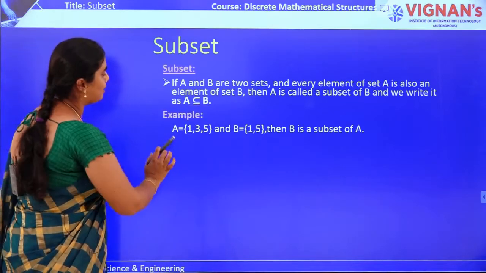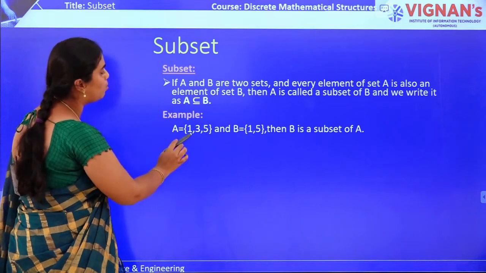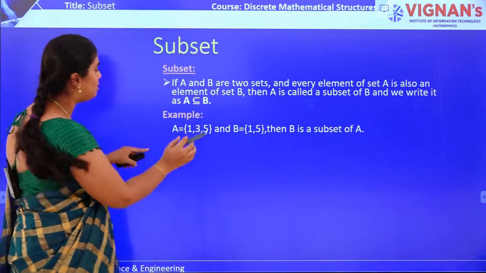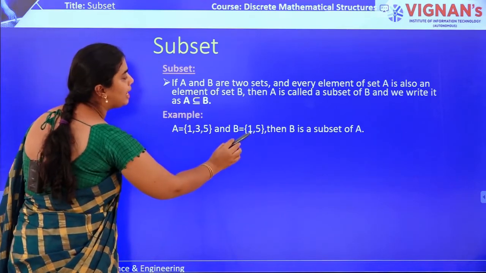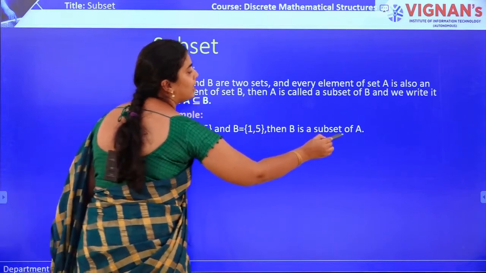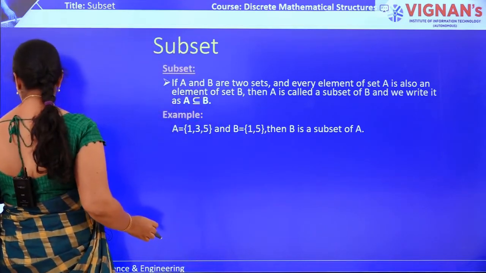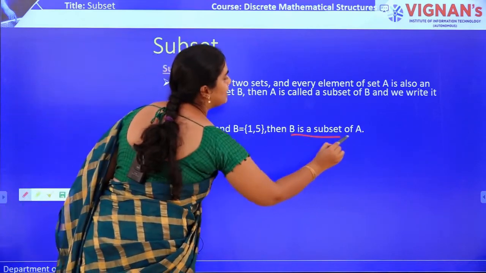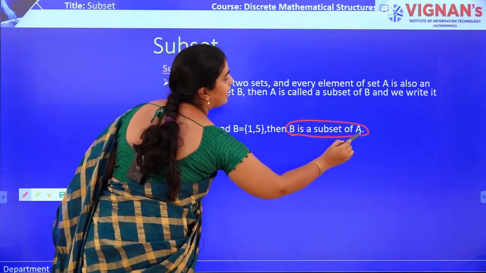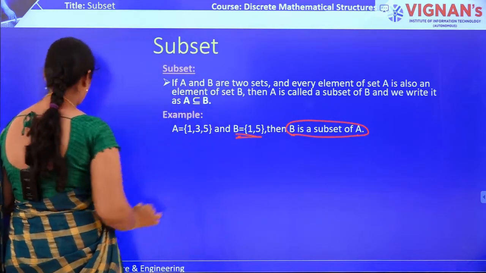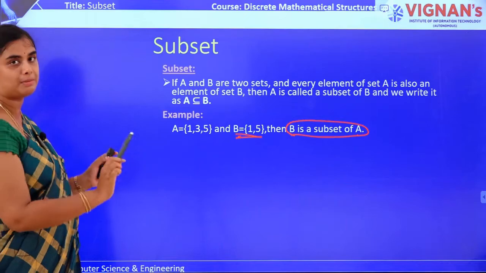See, this is the example. Over here A is equal to {1, 3, 5} and B is equal to {1, 5}. If you observe, A contains all the elements which are present in B. So B is called a subset of A, because A contains all the elements which are present in B. This is one example of a subset.